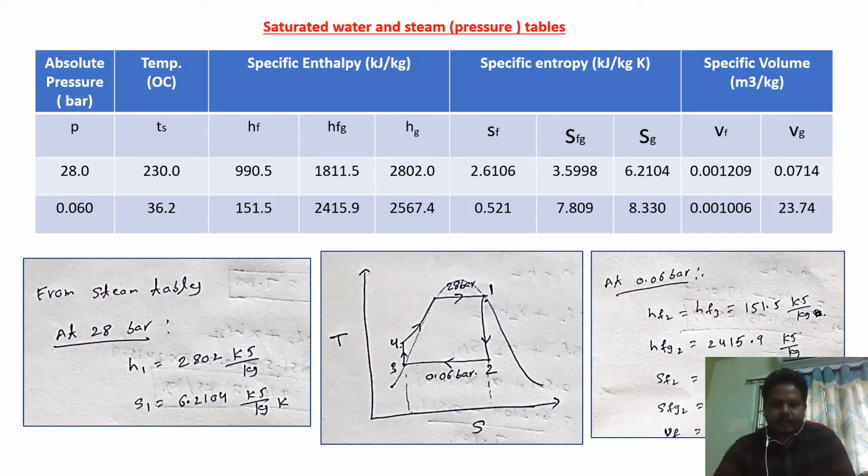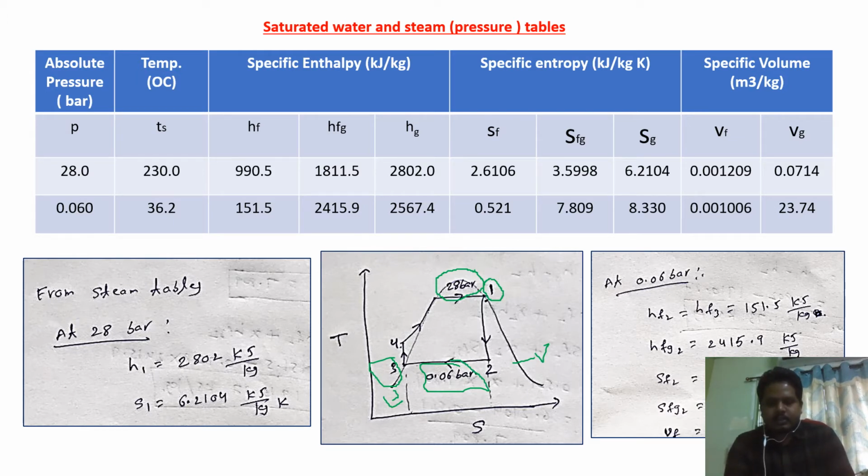Now let us see the TS diagram. Point 1 is on the saturated vapor line. Point 3 is on the saturated liquid line. So here we have to consider the saturated water and saturated steam tables. But in the problem they have given pressure values, 28 bar and 0.06 bar.